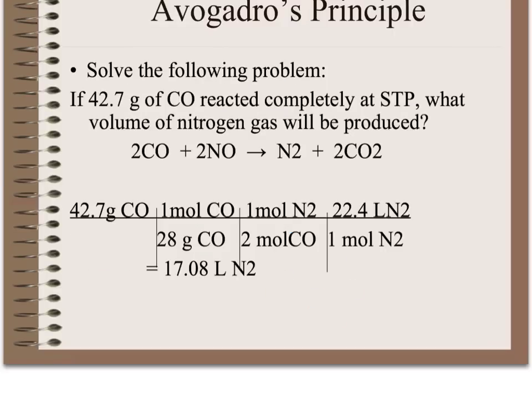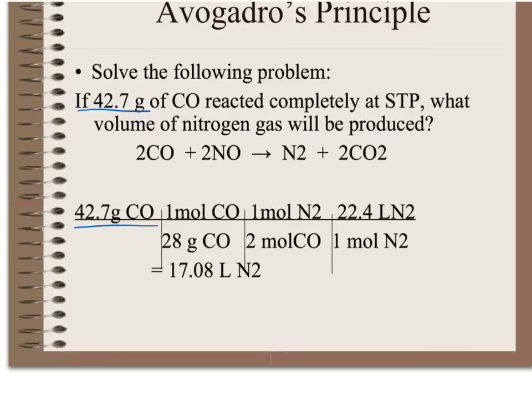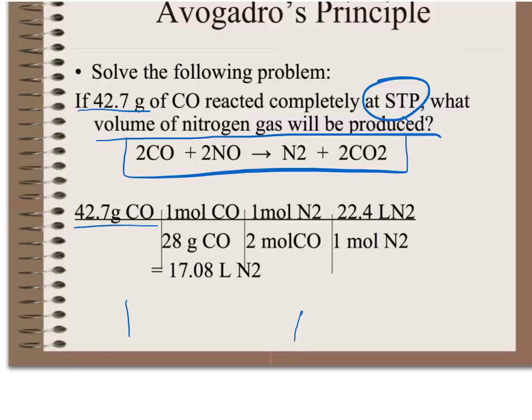And here's an example. We start with 42.7 grams of CO. That is our given, so we're going to write that down. And then it wants to know, it's at standard temperature and pressure, what volume of nitrogen gas will be produced. So we've got our balanced equation right here. So we start with 42.7 grams of CO. The grams of CO is on the top, so grams of CO goes on the bottom.